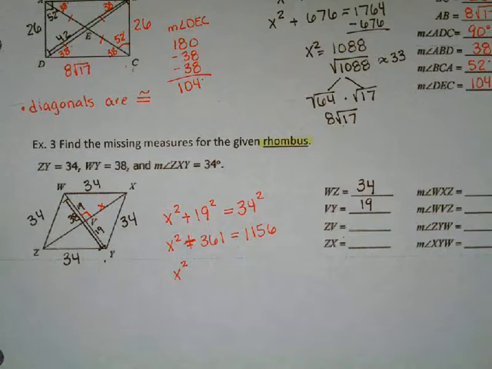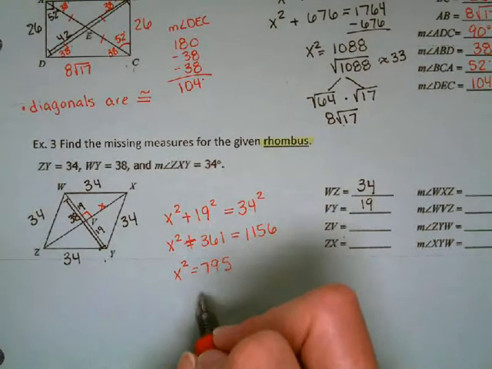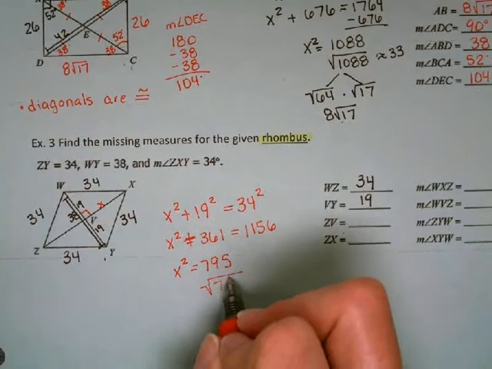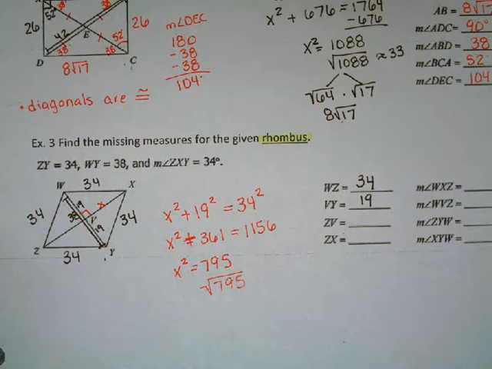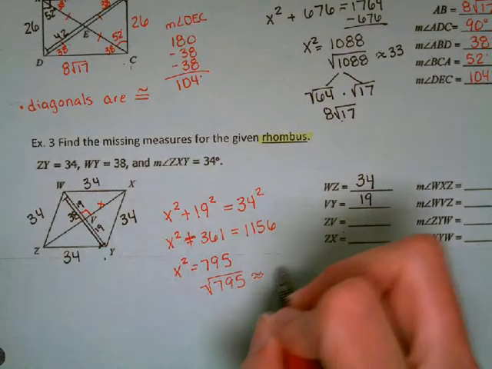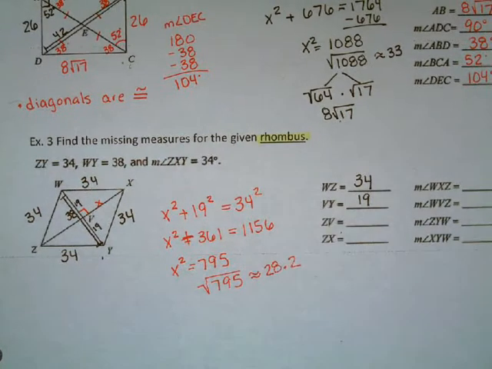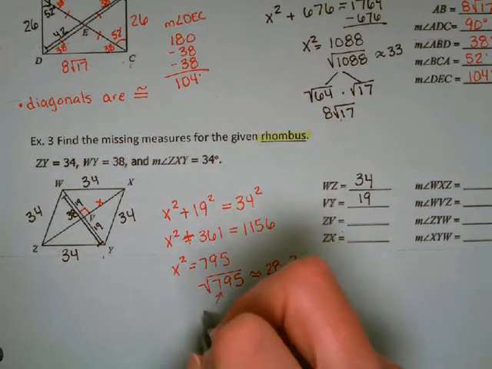And then we need to square root 795. It's approximately, that's what the squiggly lines mean, 28.2. And I've done this one, 795 can't be divided by any perfect square. So 795 is considered a prime number, so we would just leave it like that.